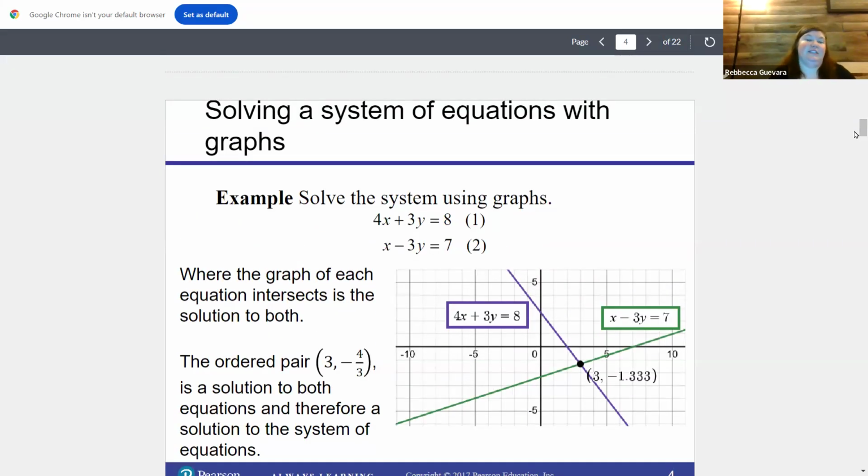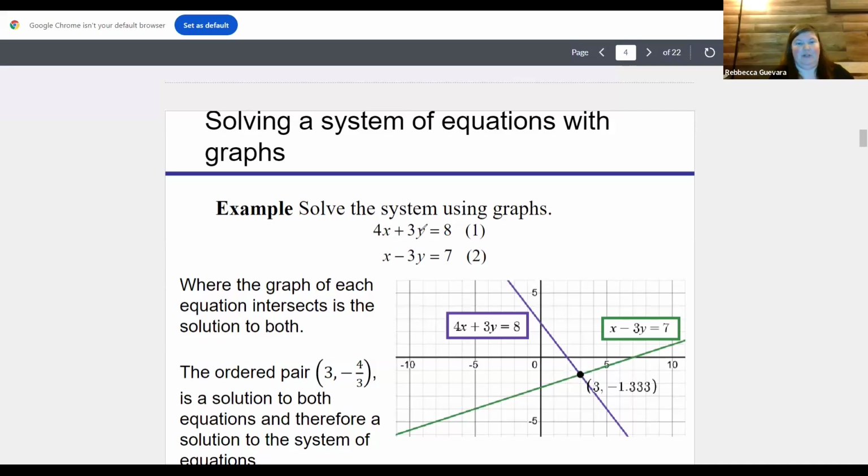So we have two linear equations. We know they're linear because the variables only have a power of 1. Also, we can rewrite them as y equals mx plus b. The first one is 4x plus 3y equals 8, and the second is x minus 3y equals 7. If we graph both of these, there's my first line, there's my second line, and they cross at this point.